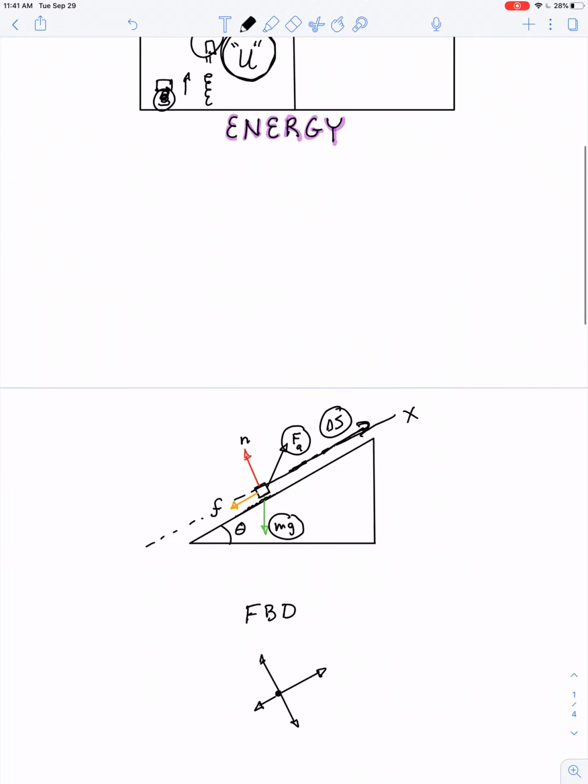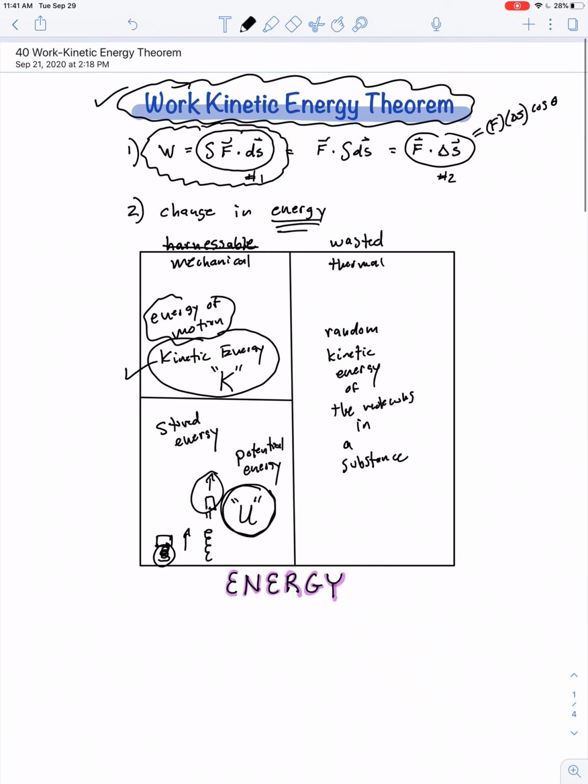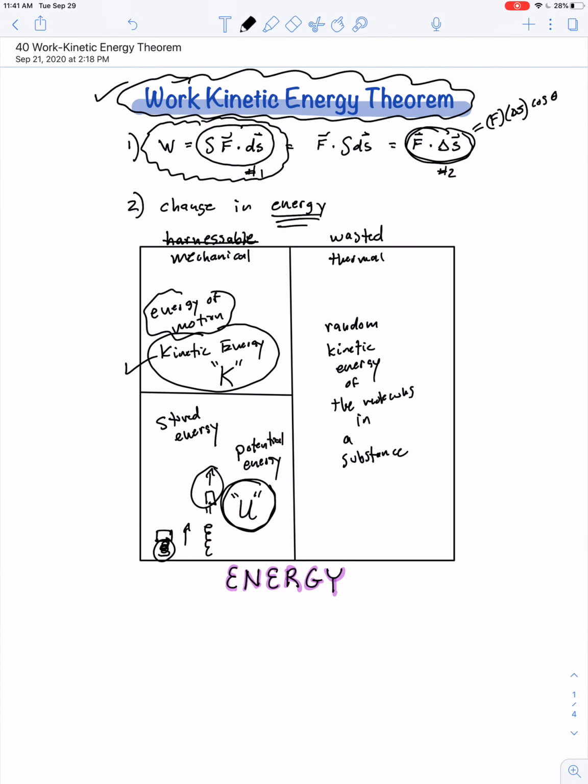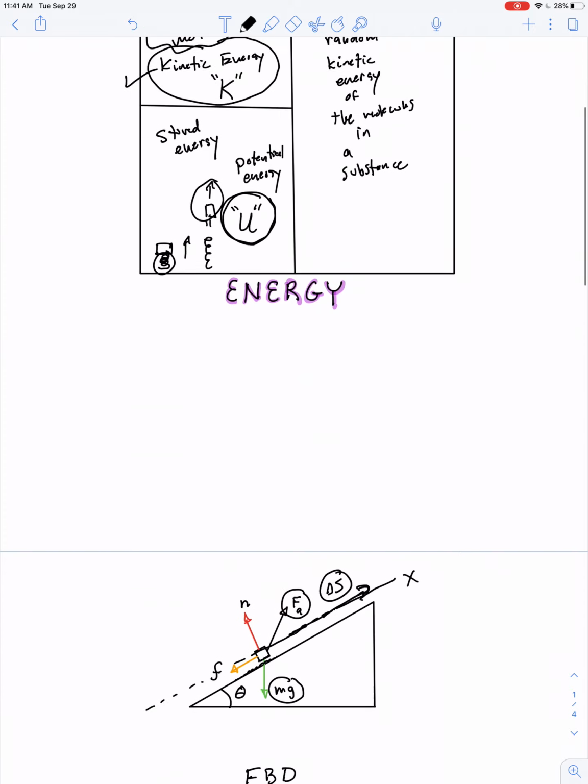The reason for that goes back to our definition of how we calculate work using this dot product. So if we define the x-axis as the axis of the displacement, then the displacement vector has no components other than an x component. The displacement vector will have no y component, and the force then would need to be broken into x and y components.